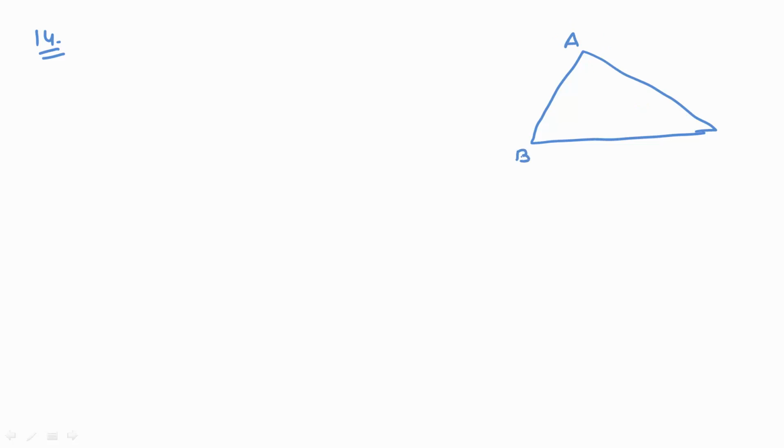A, B, and C. This is a perpendicular line from A to BC called the point D, such that DB is equal to 3CD. This is given in the question.